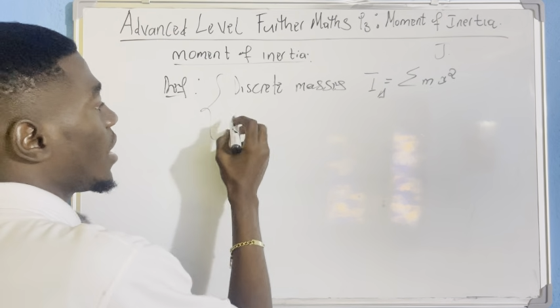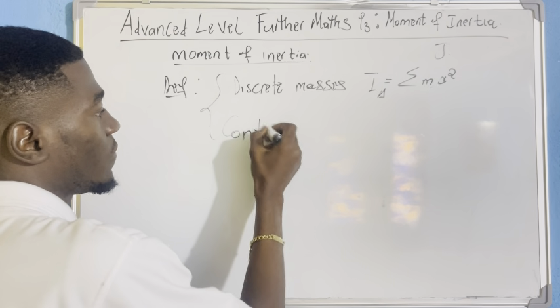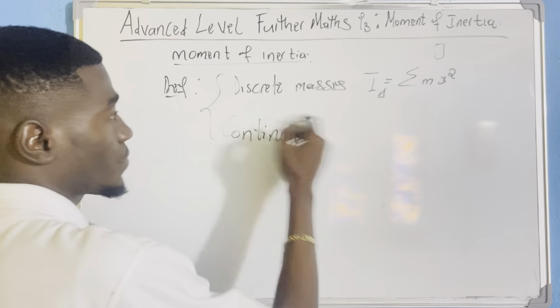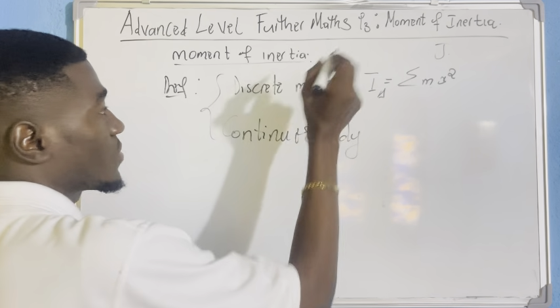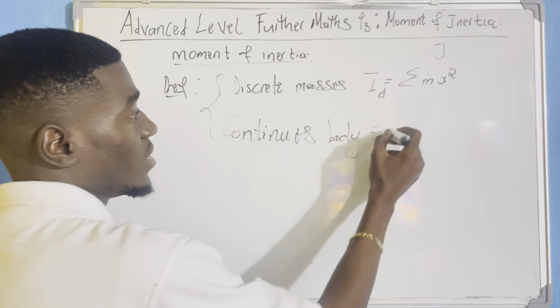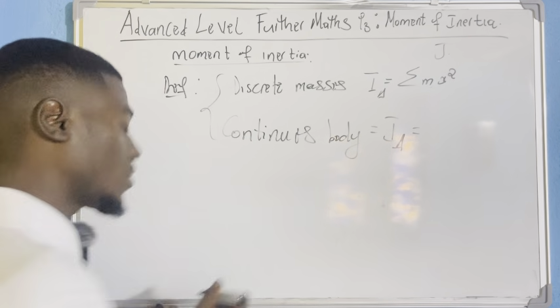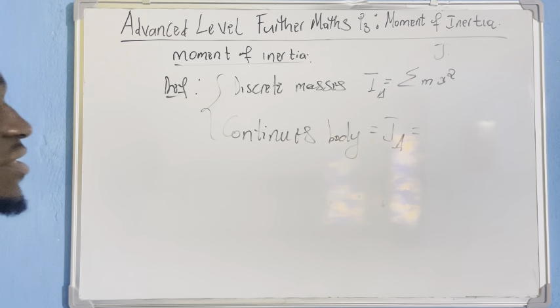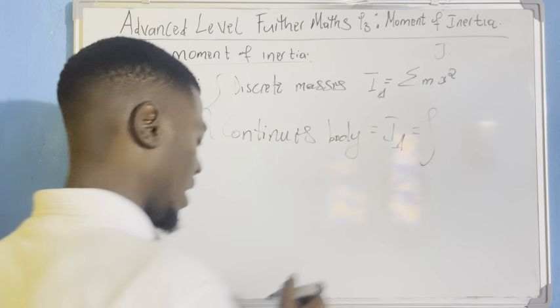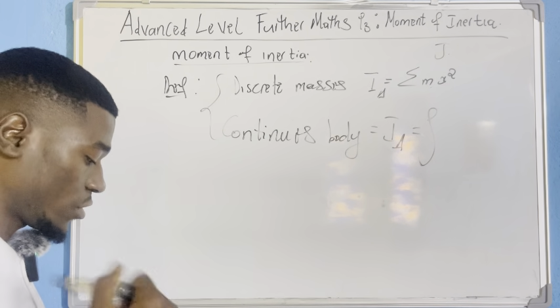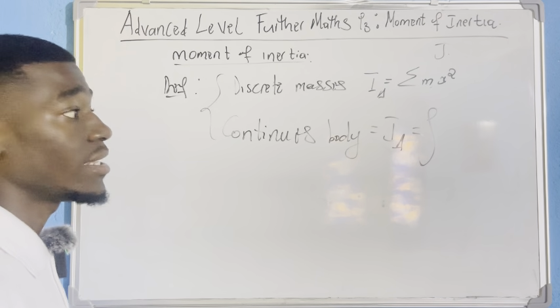Now for continuous bodies, this was for a discrete body having masses, the moment of inertia about an axis of rotation. For continuous bodies, we are now applying the integral.